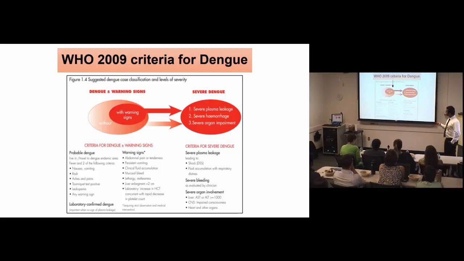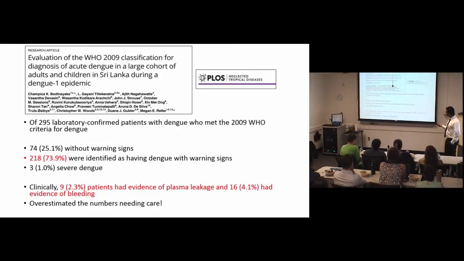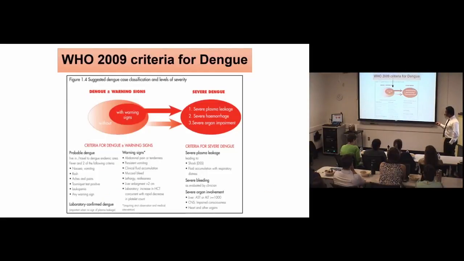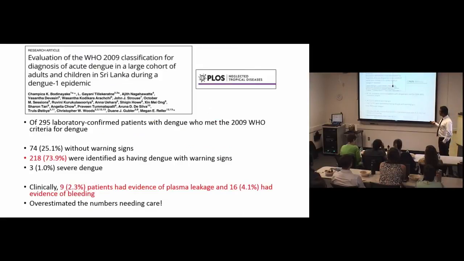define all these problems. They have three categories basically: probable dengue, dengue with warning signs, and severe disease. But if we go through this, there are some subjective parameters here, and it is not very user friendly, so we applied this to one of our previously done studies.